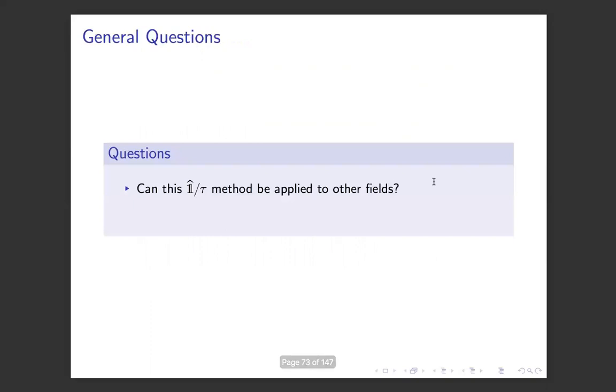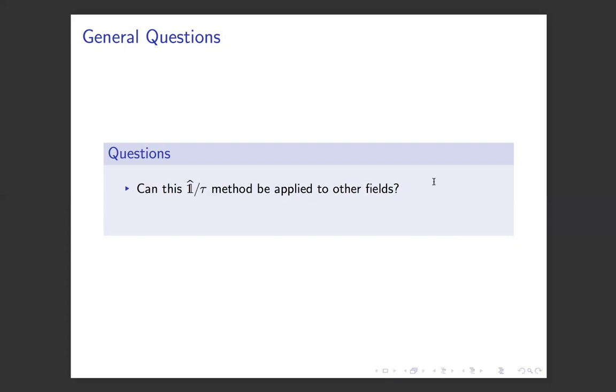Okay, so now we have a few questions in mind. Can this cofiber of tau method be applied to other fields? Because this is kind of specific to C due to the Betti realization and due to the deformation point of view. And one difficulty would be that this element tau does not exist, at least as a map between spheres over a general field.